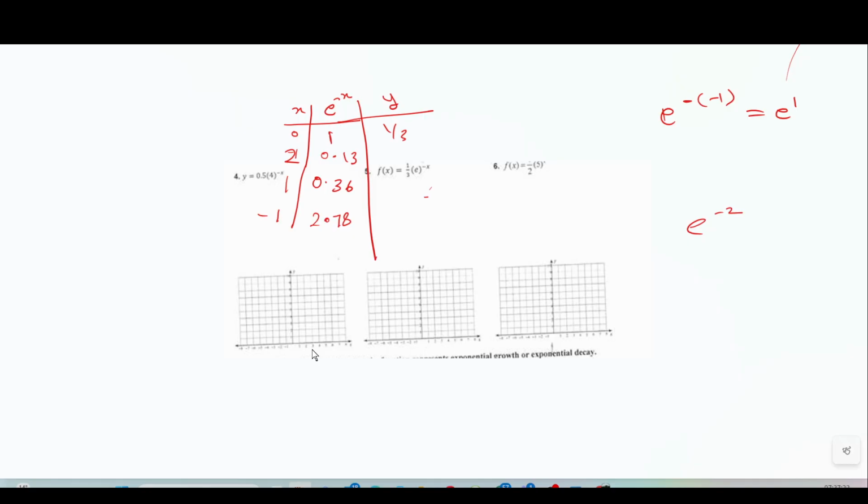Then 0.13 times one third is 0.04. Then one third times 0.36 is 0.12, and 2.78 times one third is 0.92.